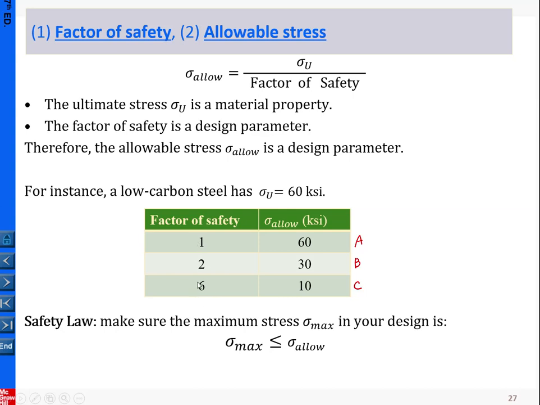Using these explanations, hopefully you have the common sense that the factor of safety really has to compromise between safety and budget. A larger factor of safety leads to a more conservative design, which in turn will require sometimes unnecessarily more material to accomplish that design.